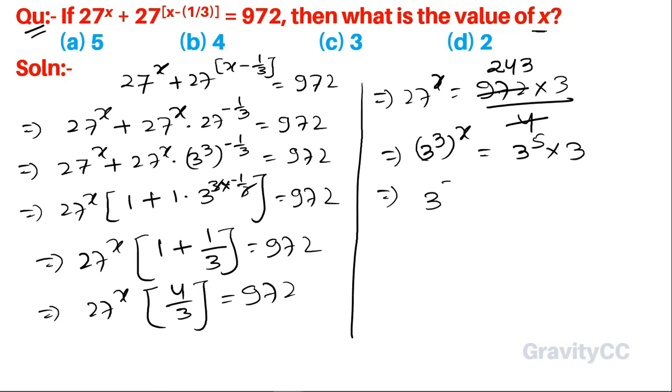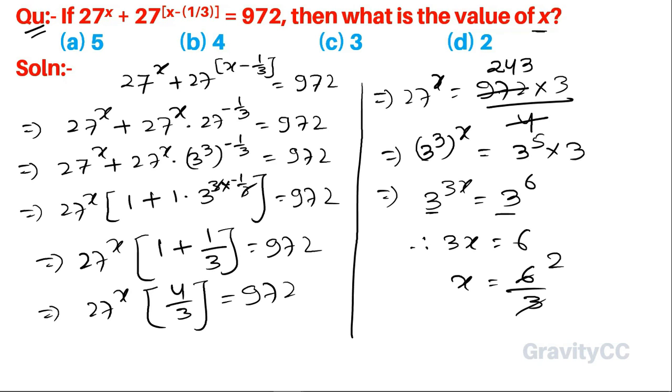So implies that 3 to the power 3x is equal to 3 to the power 6. Here bases are identical, so 3x is equal to 6, so x equal to 6 upon 3, 3 2 is 6. Answer. So option D is the correct answer.